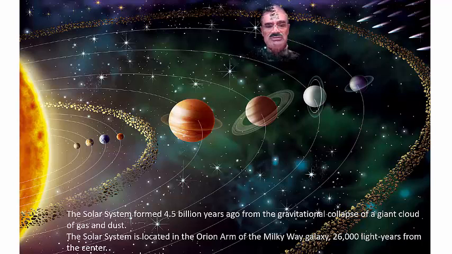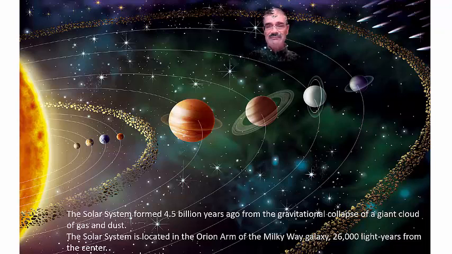Just as an aside, I also mentioned the solar system is located in the Milky Way galaxy and what is called the Orion arm of the Milky Way galaxy. That Orion arm is about 26,000 light years from the center of our own galaxy.